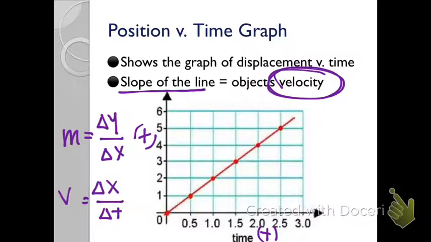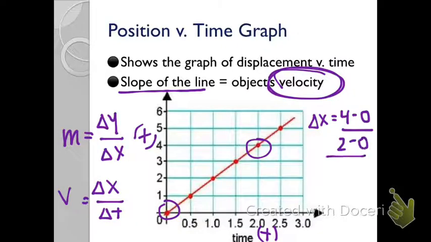Okay? So I can pick any 2 points. Let's say I pick this one and this one. So if I look at my change in displacement, that means I'm going to go 4 minus 0 over 2 minus 0, and I get a velocity of 2 meters per second.